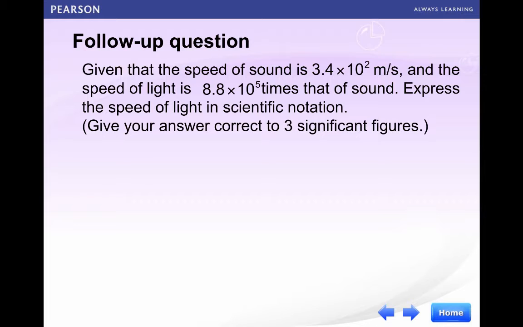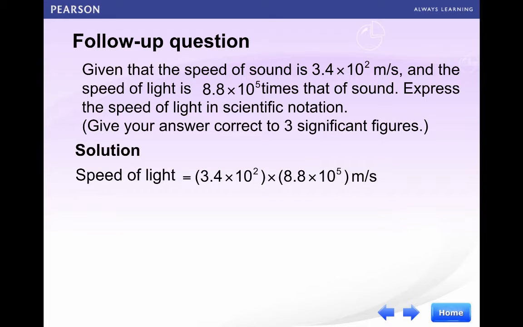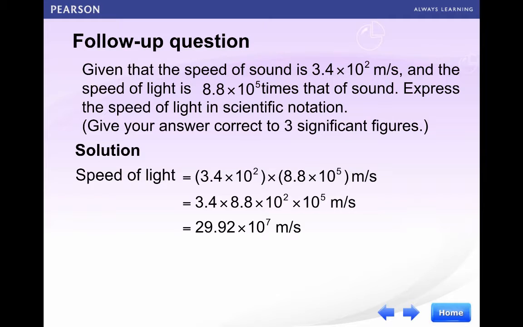Look at this follow-up question. We know that the speed of sound is 3.4 times 10 squared meters per second, and the speed of light is 8.8 times 10 to the power 5 times that of sound. We want to find the speed of light in scientific notation, and the answer should be in three significant figures. So we multiply these two numbers: 3.4 times 8.8, and the powers of 10 are multiplied together.